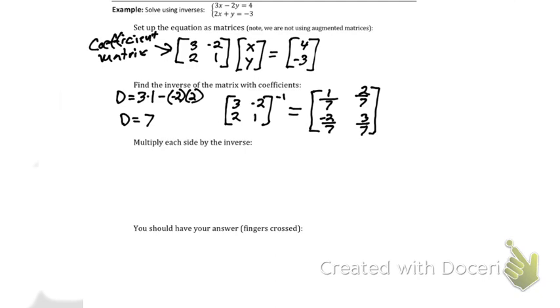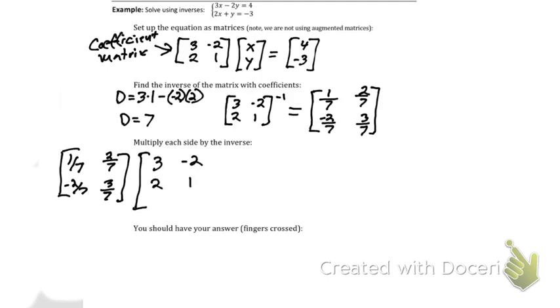So our left-hand side, did I leave enough room? Our left-hand side, we are going to have 1 over 7, 2 over 7, negative 2 over 7, and 3 over 7. We're going to multiply that by the left-hand side, so that's 3, negative 2, 2, and 1, and then we have our x and y.